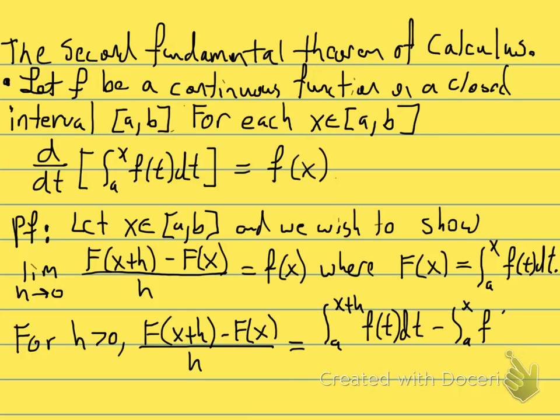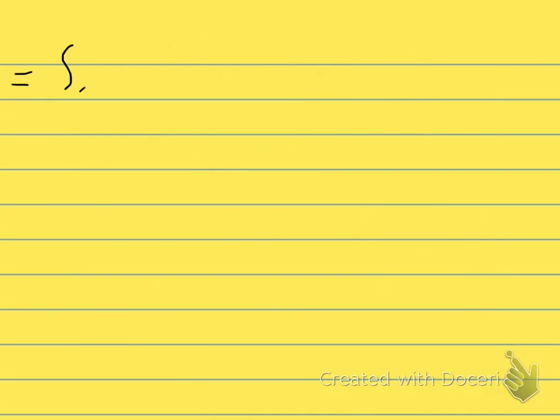One is going from a to x, and the other one is going from a all the way to x plus h.